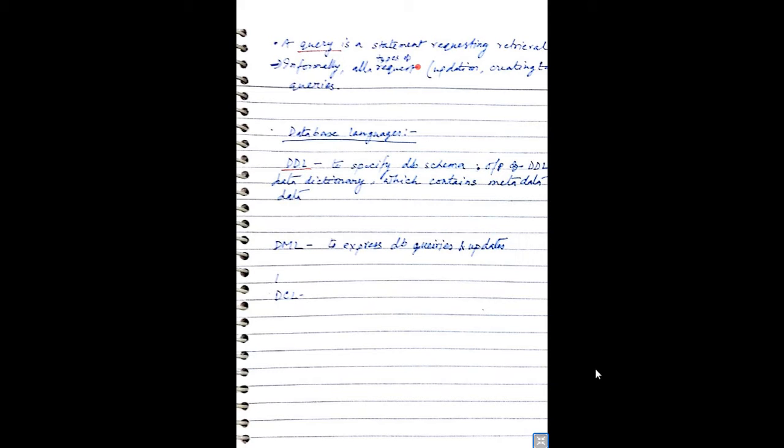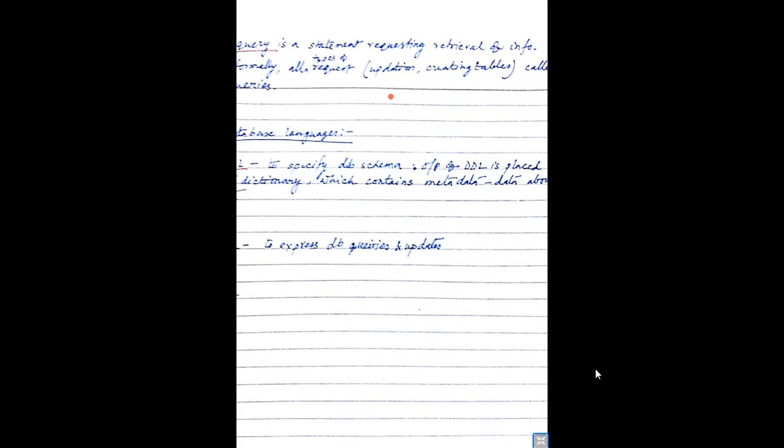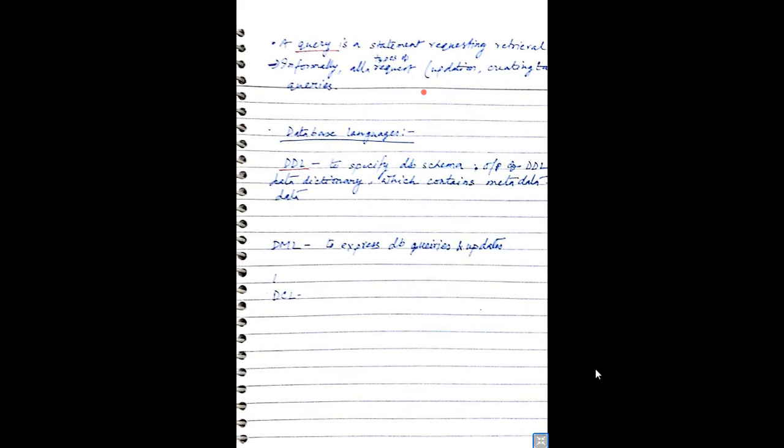That means a query is the statement when we are asking or requesting for the retrieval of some data. But informally, all types of requests, such as updating or creating tables, updating tables, inserting data, all types of commands are called queries.